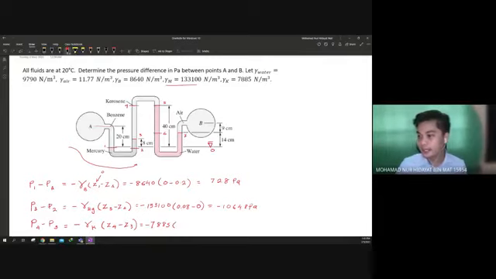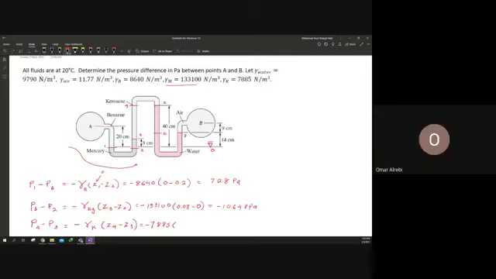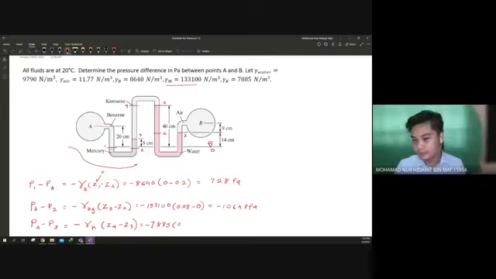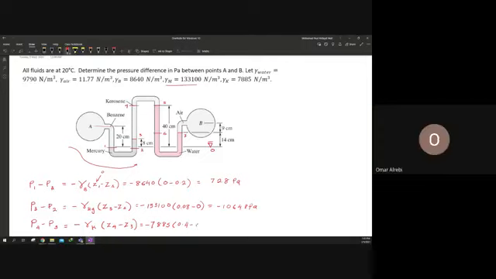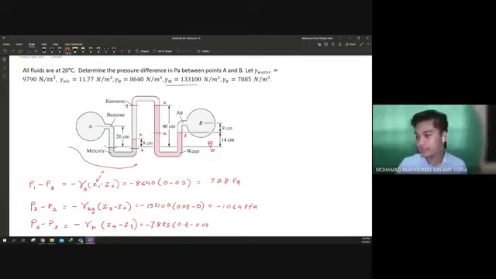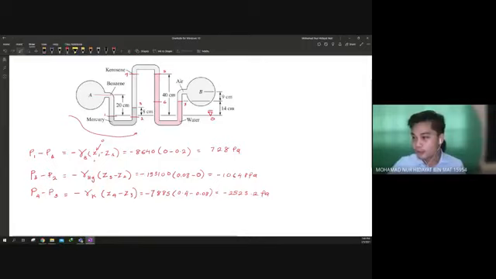What's the value of Z4? 0.4 minus Z3. What's the value of Z3? 0.08. Yes, you must make sure it is correct. Otherwise, if you put 0.8, your unit is wrong, then you get the final answer wrong. Okay, you solve this one, you will get negative 2523.2 Pascal. Okay, and then we move on from 3 to 4.